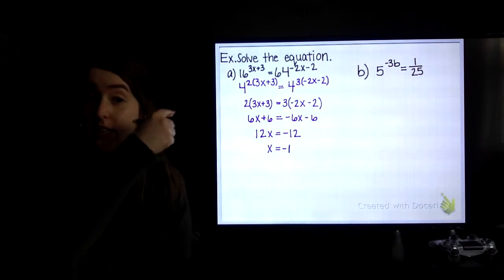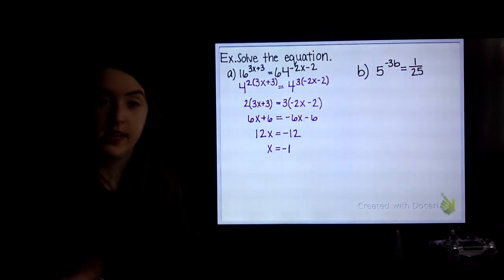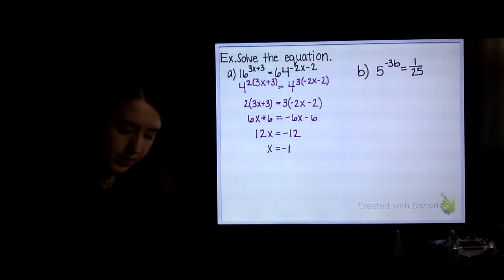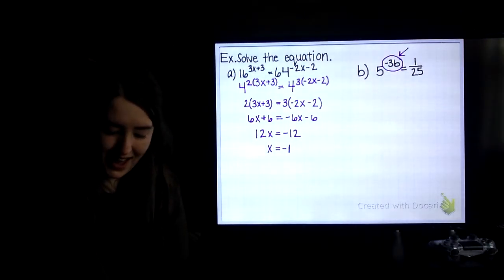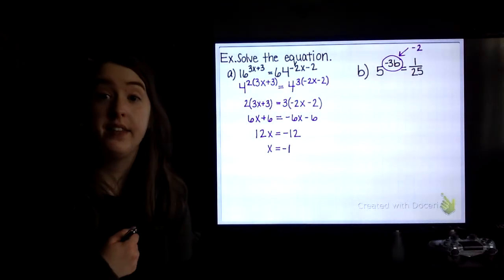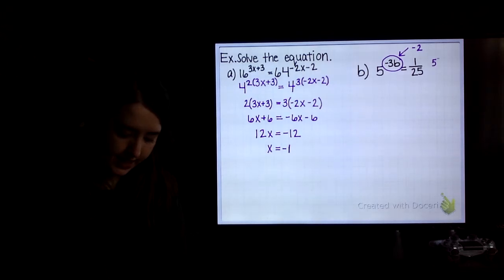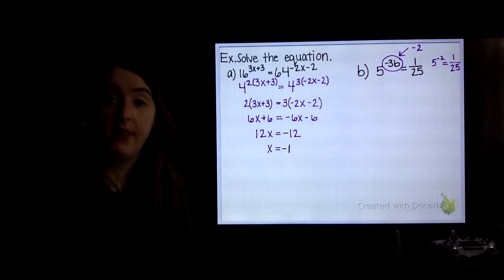If that exponent is negative, that's what gets me to the bottom, right? So here's what we're going to have to do. I know that this exponent has to be negative 2, right? Because 5 to the negative second power gives me 1 over 25, right?